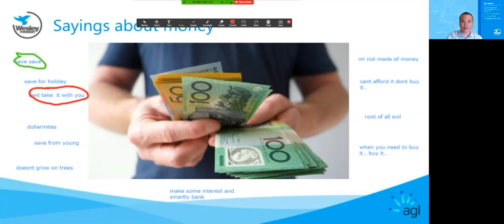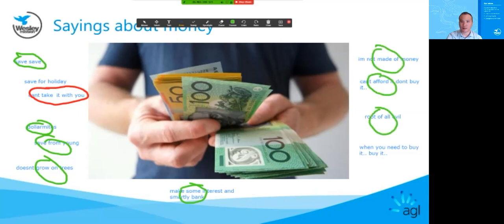Save from young, doesn't grow on trees. Be smart. Can't afford it, well, not made of money. A lot of saving ones, and then you've got some spending ones here as well. And when you have more than enough, you can be generous with it too. Very true. 50-50, that's another one.